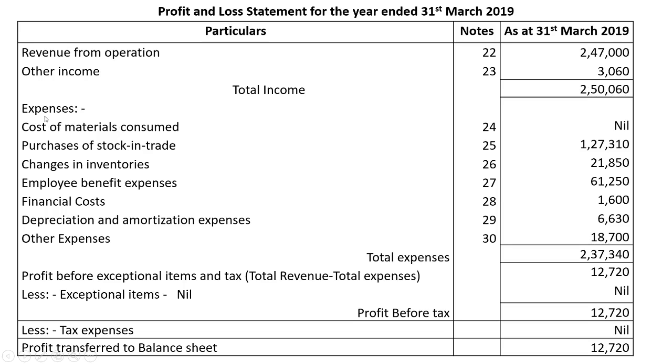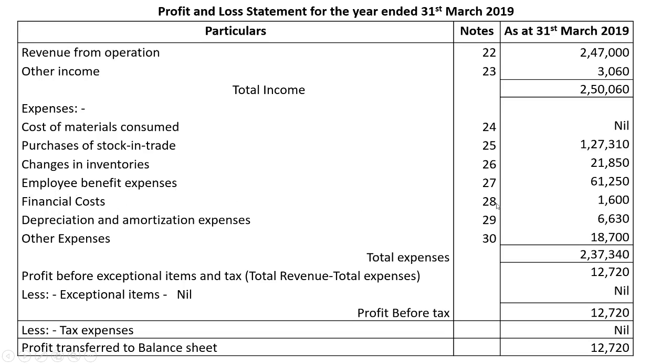From that total income, you are going to less the expenses. Cost of material consumed, note number 24: there is no cost of material consumed in this problem. Purchase of stock in trade, note number 25, that is 1,27,310. Changes in inventory, note number 26, that is 21,850. Employee benefit expenses, note number 27, 61,250.